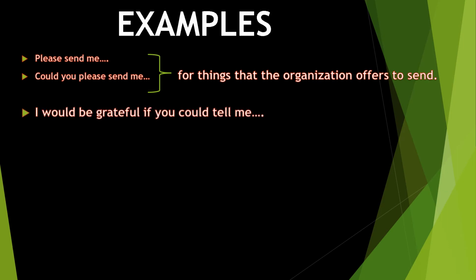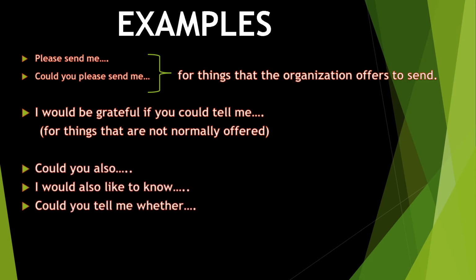Next, I would be grateful if you could tell me. It comes for things that are not normally offered. Next comes, could you also, I would also like to know, could you tell me whether. It is for additional inquiry or request. You can use either one. Okay, students?